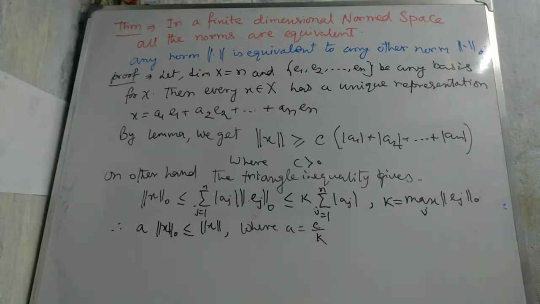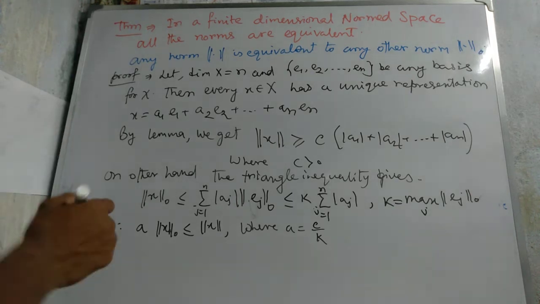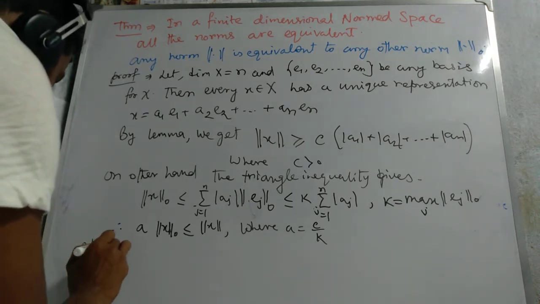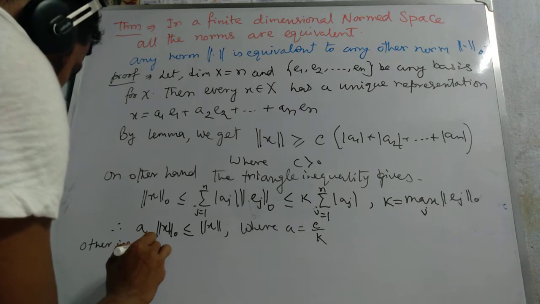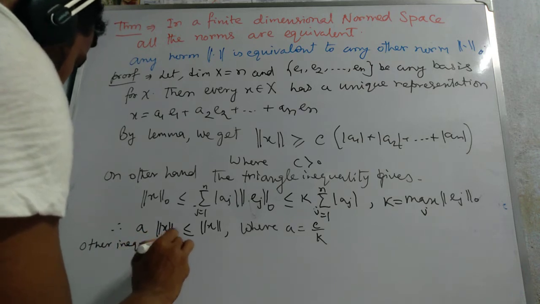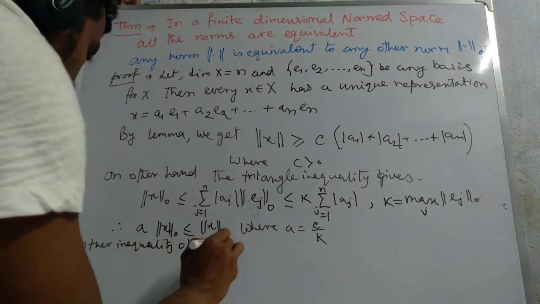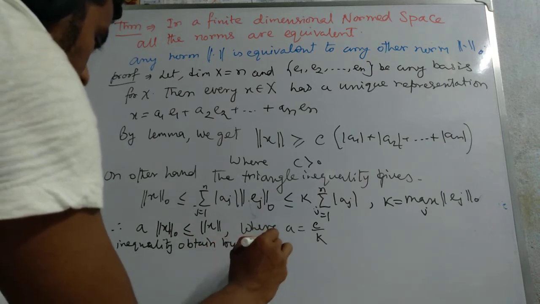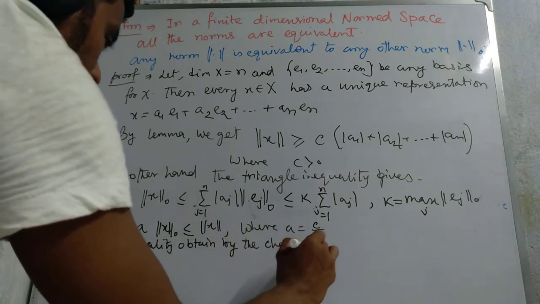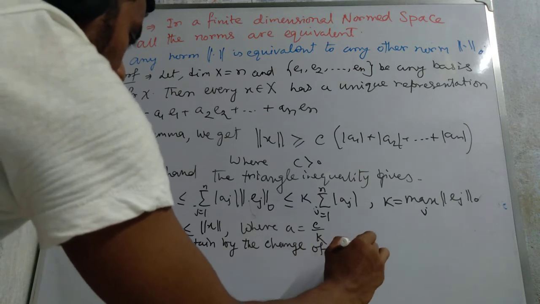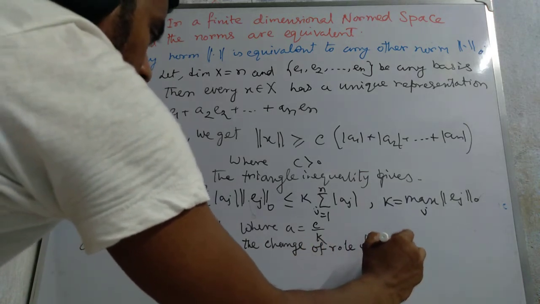Then a equals this one. And the other inequality in 3 is obtained by interchanging the roles of these norms.